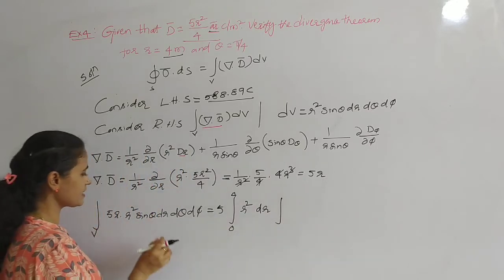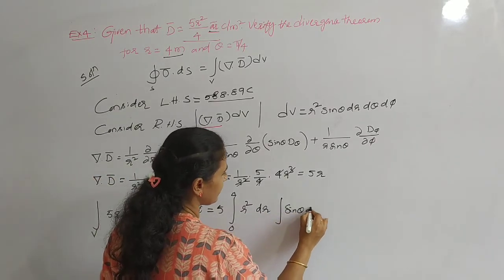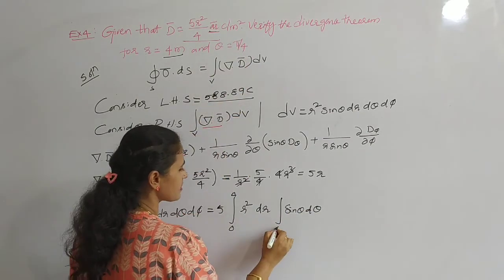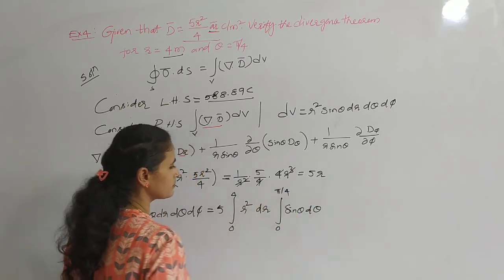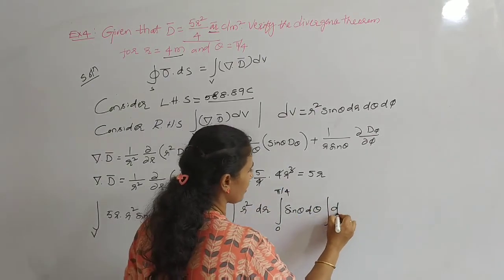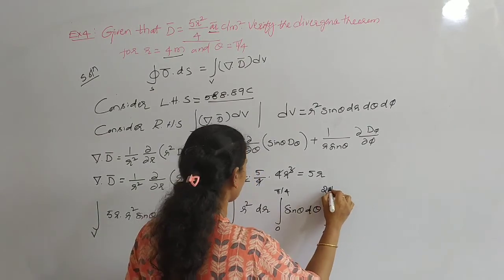The second integration is for theta, that is sin theta d theta, and the range of theta is given as 0 to pi by 4. Last one is d phi, with the range from 0 to 2 pi.